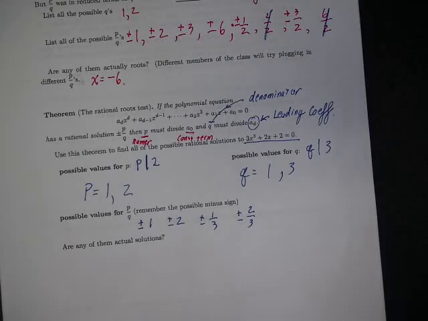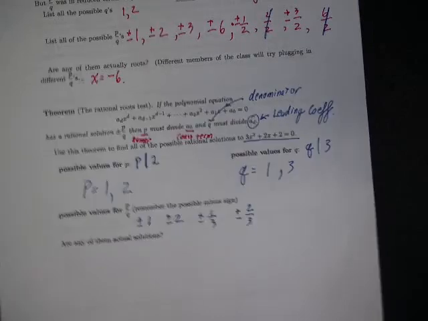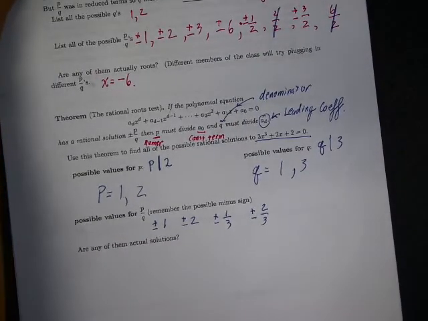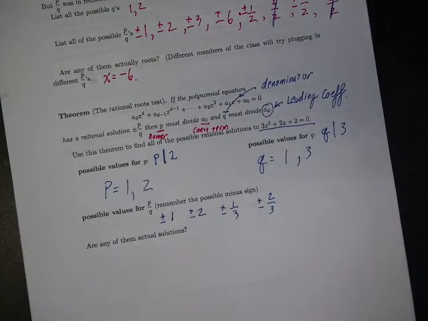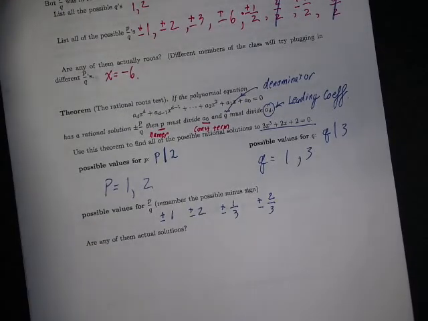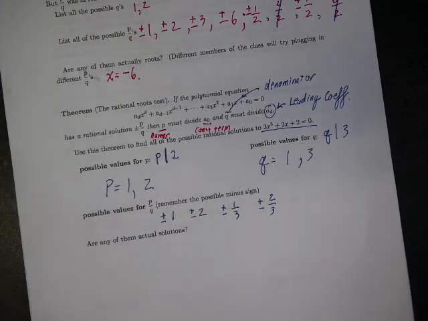I'll use this sort of language where I'm just going to ask Wolfram Alpha to evaluate this polynomial, 3x cubed plus 2x plus 2, where x is equal to, and now I'll list all of the options. 1, minus 1, 2, minus 2, 1/2, minus 1/2, 3/2, minus 3/2.